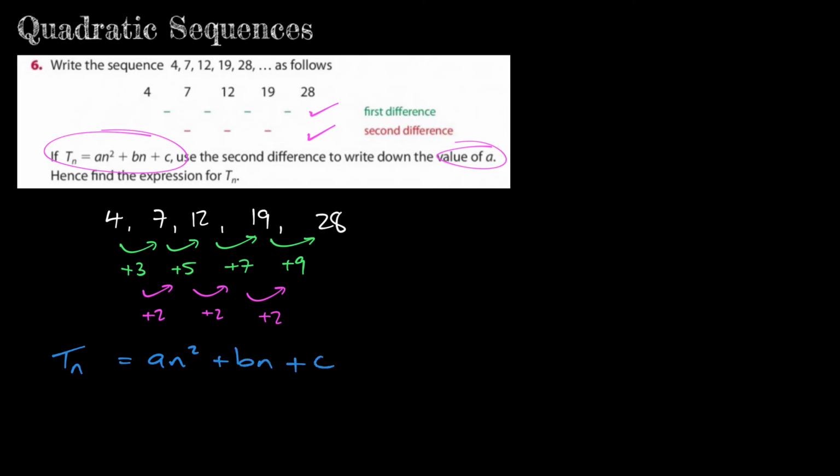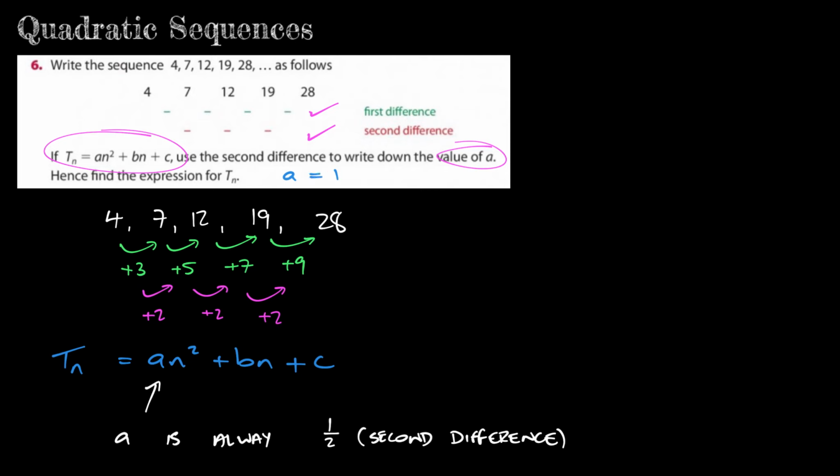And the note that you'll be taking is that a is always half the second difference. So in this case, my answer for a will be equal to 1, because half of 2 is 1. So the second difference there is 2. Half of 2 gives me 1. So my value for a there is going to be 1.